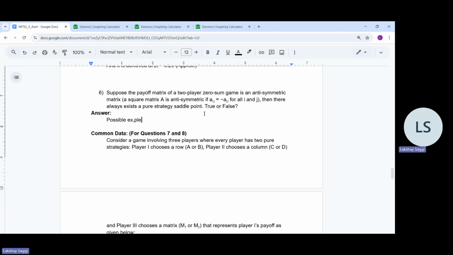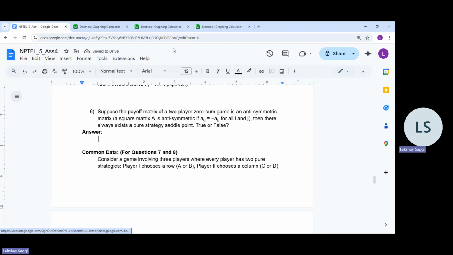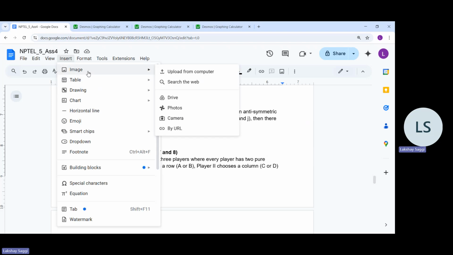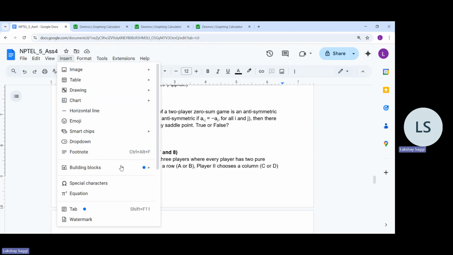What are possible antisymmetric matrices and whether they have a pure strategy saddle point or not. So maybe we just start off with the simplest.